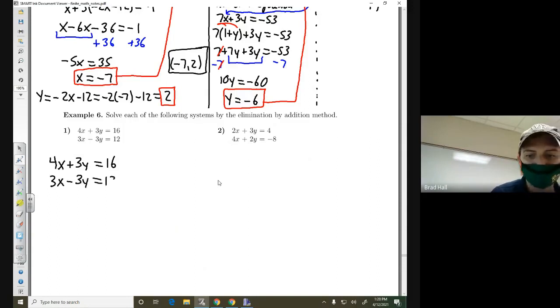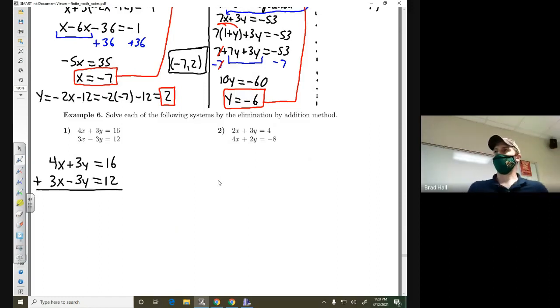Now here, I want to add these equations together because the y's cancel out. 3y minus 3y, so we're viewing this as columns. We're viewing this as like terms. 3y minus 3y, they cancel entirely.